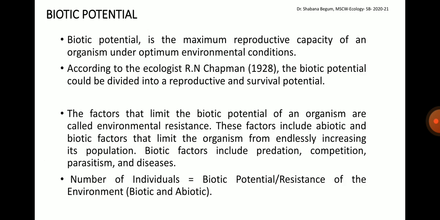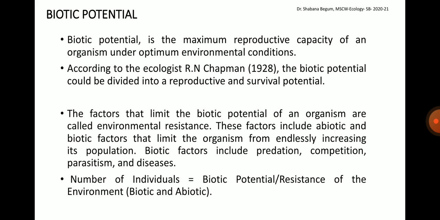The next attribute of the population is biotic potential. This term was proposed by Chapman in the year 1928, and he used the term biotic potential for the maximum reproductive power. Each population, as we know, has the inherent power to grow.